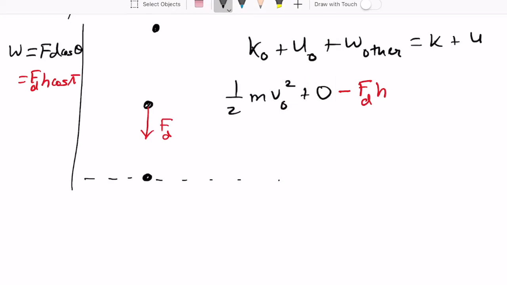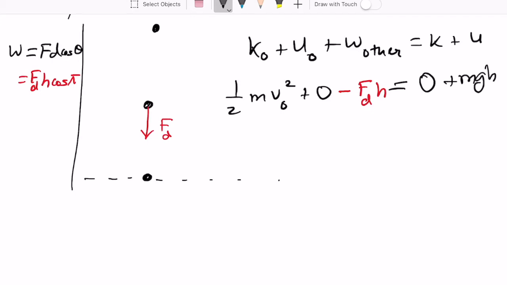Notice that this work is going to be negative, as we saw with this minus sign, and that makes perfect sense because the air resistance force is not getting its way. So it's doing negative work. Fd times h. All right, so now we can go back to the right-hand side, finishing this equation. The kinetic energy in the end is 0 because it comes to a stop, and the potential energy is mgh.